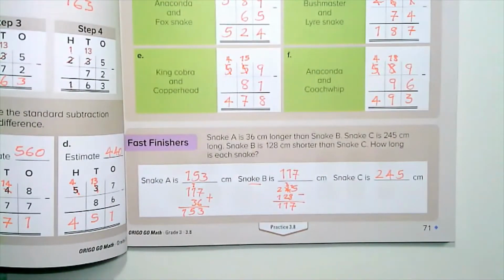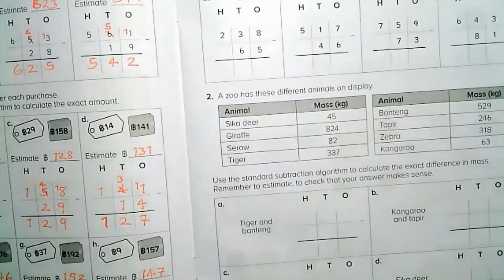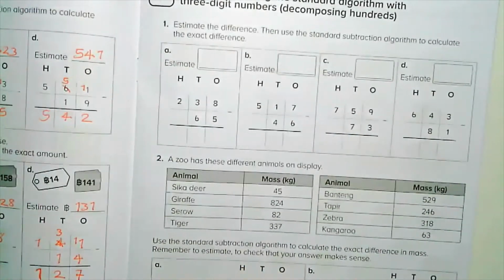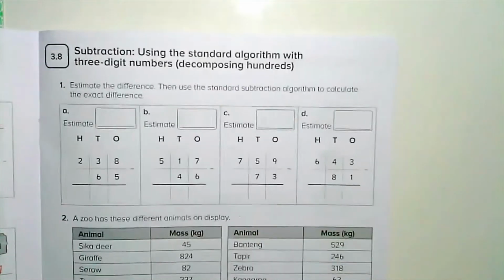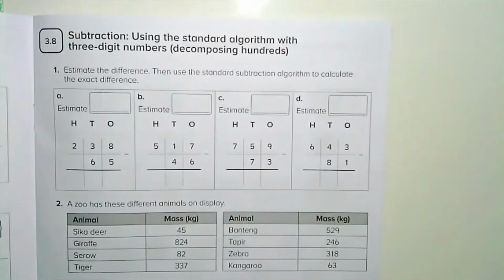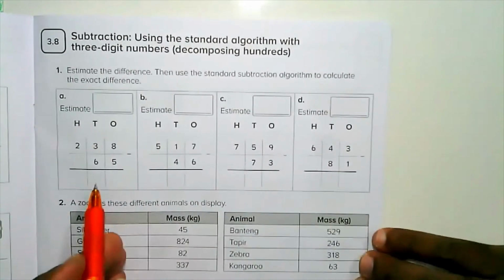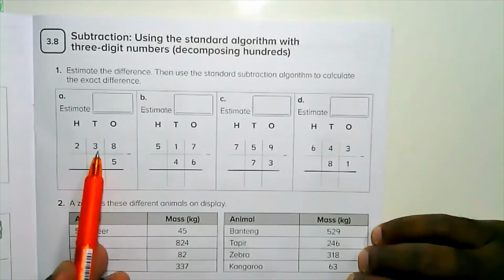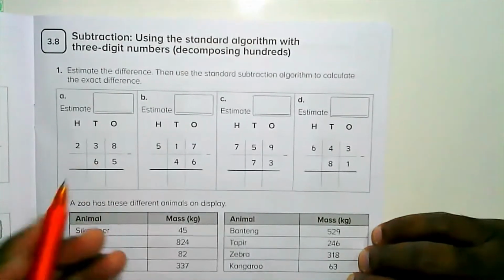Now let's go on to the practice. Practice 3.8. Now let's do the estimate. Round this up to be 70. Subtract 70 from this, 7 tenths from there.